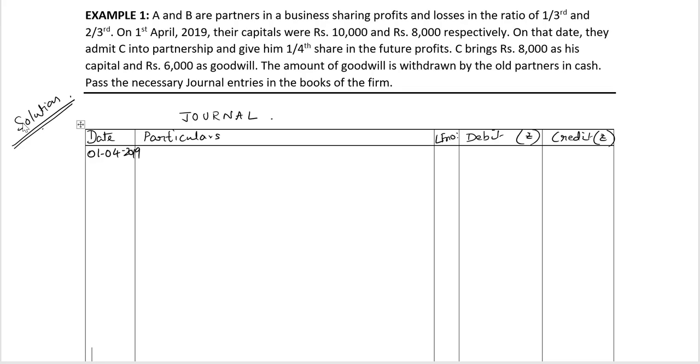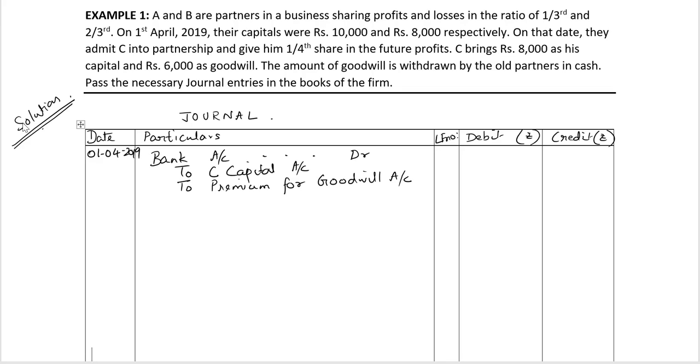We'll write the first journal entry for the capital and the premium for goodwill brought in by partner C. Bank account debit to C's capital account, to premium for goodwill account.